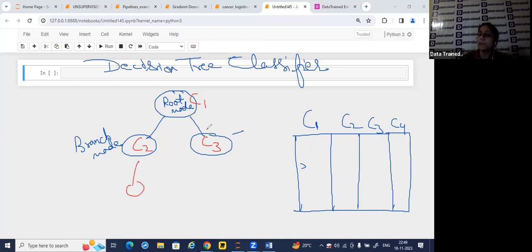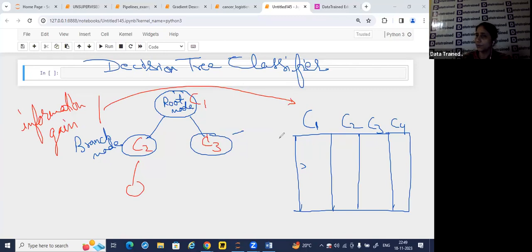This all depends on the information gain provided by every individual column. This information gain is achieved by the various entropy levels provided by individual columns.